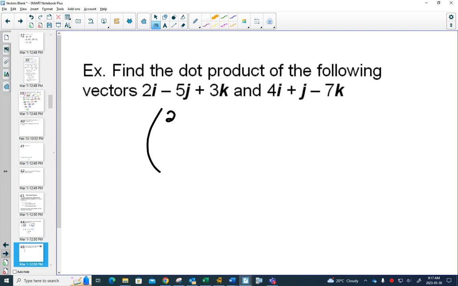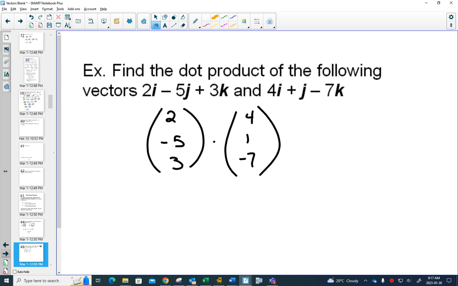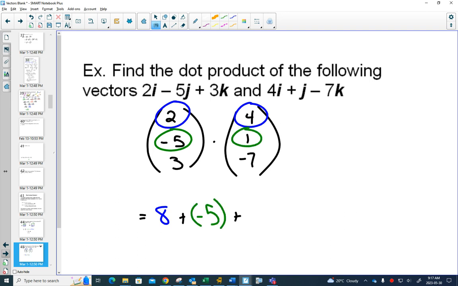So this one would be 2, -5, 3, dot product with 4, 1, 7. And again, 2 times 4, that'll be 8. Plus -5 and 1, that'll be -5.